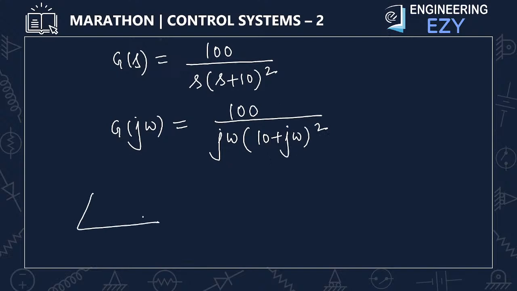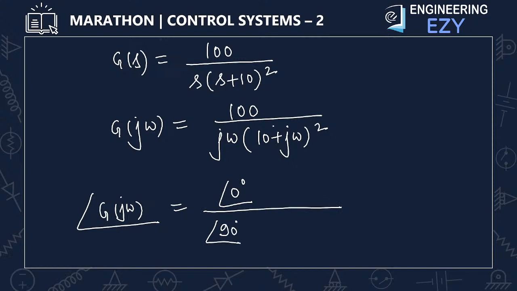So what is the angle? Angle of G(j omega) is equal to the angle of 100, which is 0 because 100 is a positive real number. So the angle is 0. The angle of j omega is 90. And the angle of this, 2 times because it is a square, so 2 times tan inverse of imaginary by real, tan inverse omega by 10.